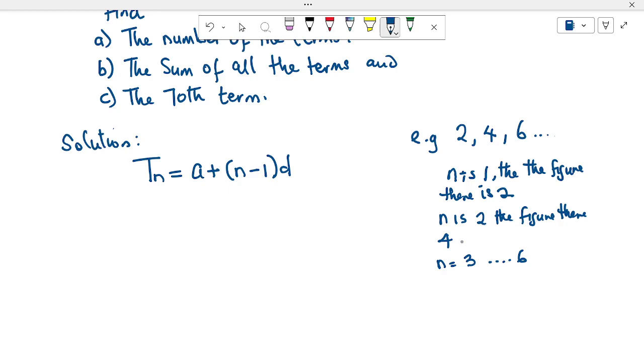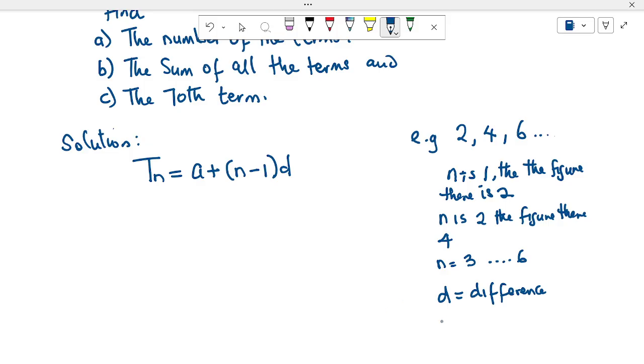D is the difference. Because in arithmetic progression, it either increases or it can decrease. So to get the difference, you subtract.